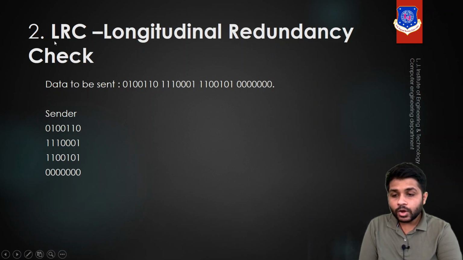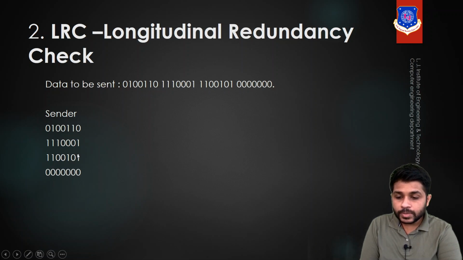Now, in the longitudinal redundancy check, the sender will check each and every column. It will check the total number of ones in each column, and after checking, it will add an extra bit at the end of every column. The extra bit will be added in such a way that the total number of ones becomes even.